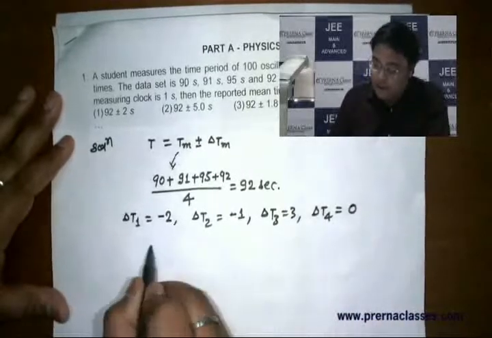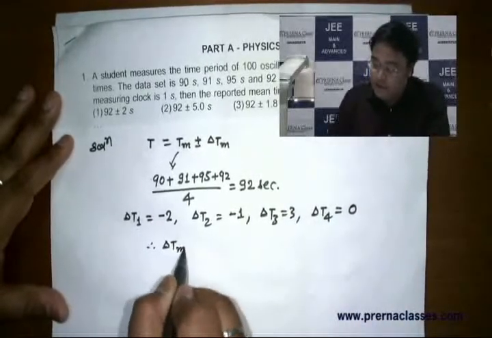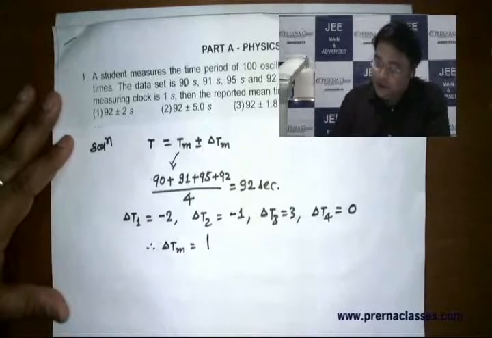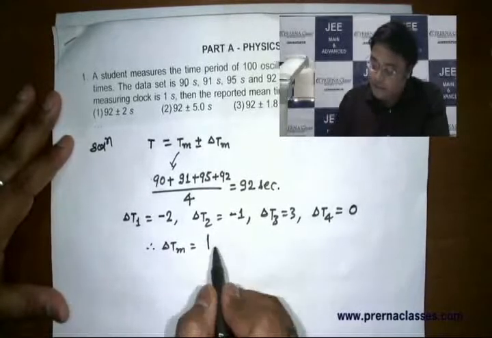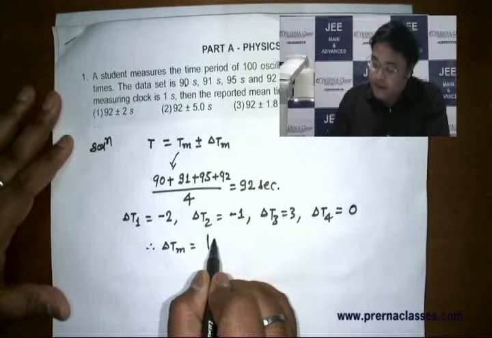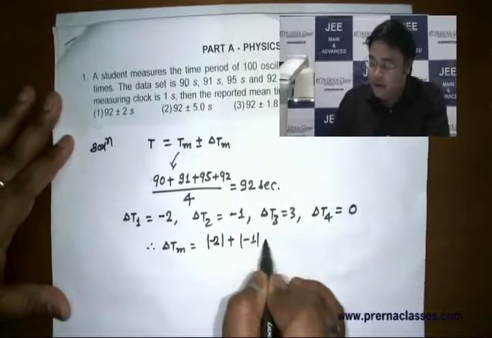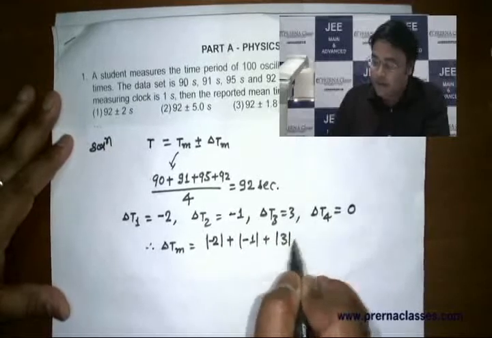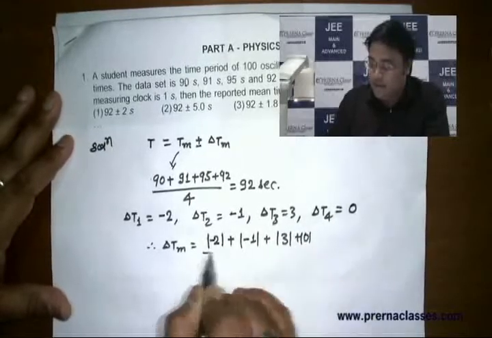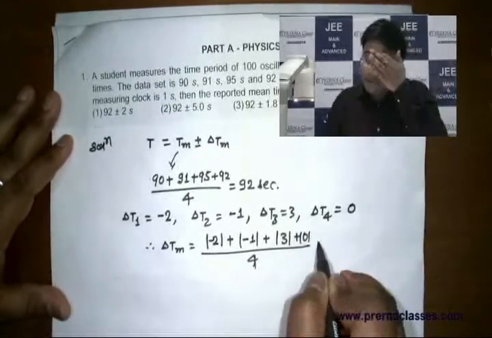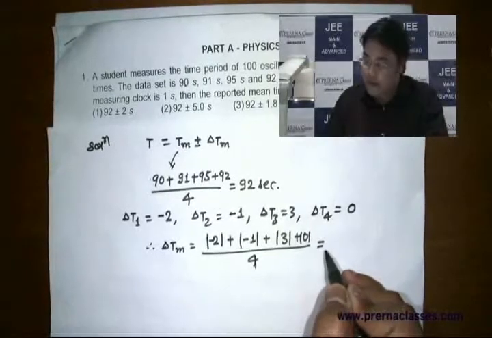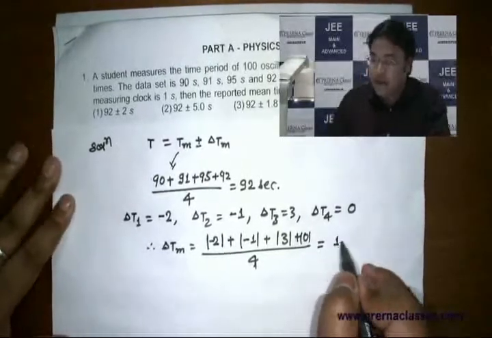Now delta Tm is the mean of the moduli. So you may write it as mod of -2 plus mod of -1 plus 3 plus 0 whole divided by 4, and the value comes to 1.5. Clear?